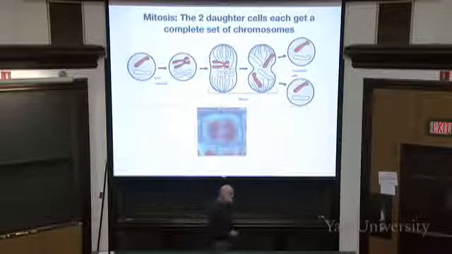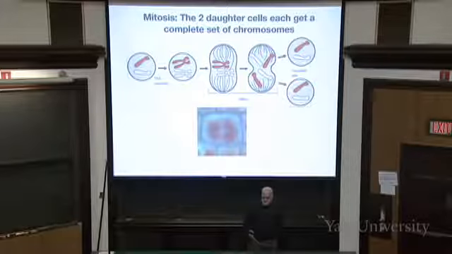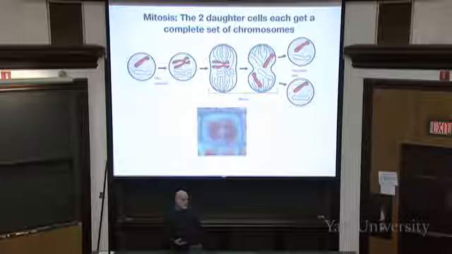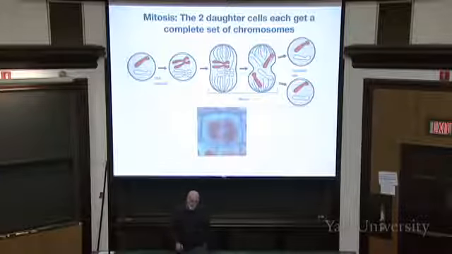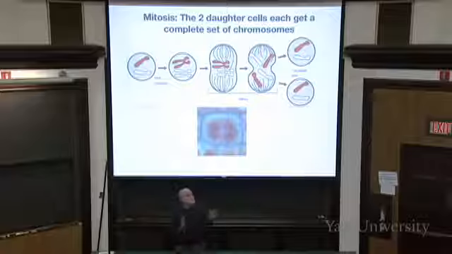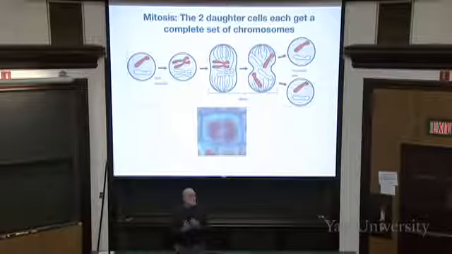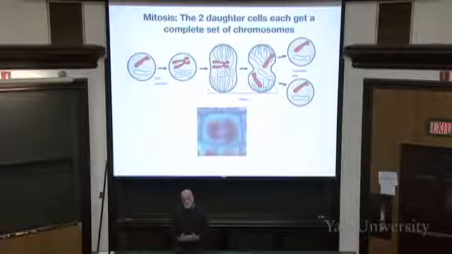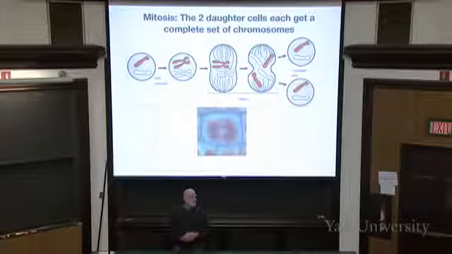When this copying is going on in the process of the development of a multicellular eukaryote, like yourselves, or in an asexual eukaryote, basically what happens is the chromosomes go through the process of mitosis.